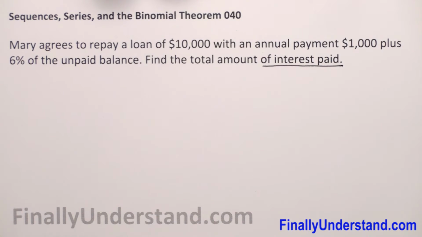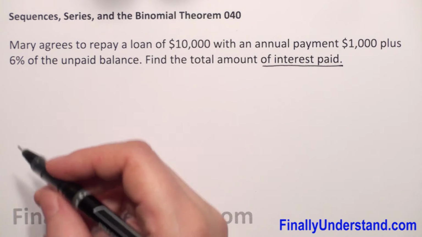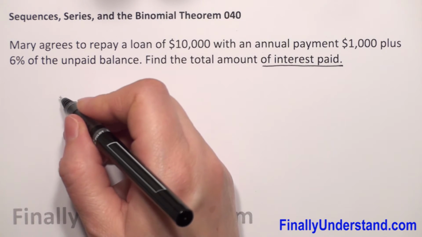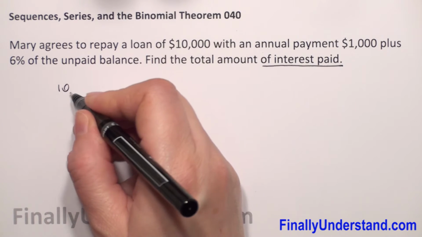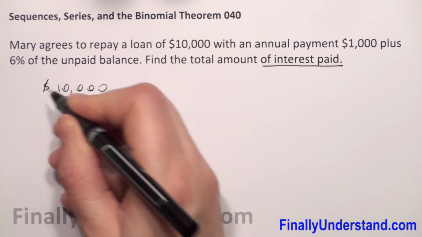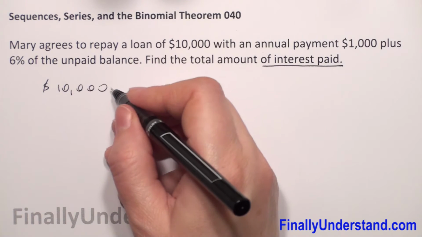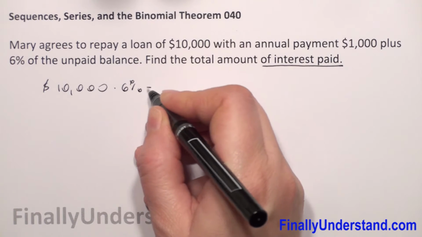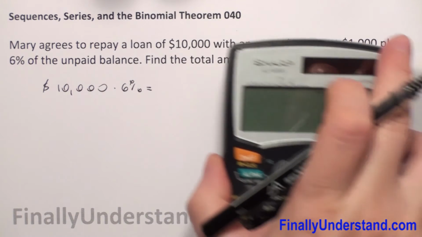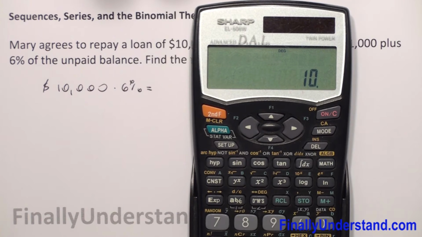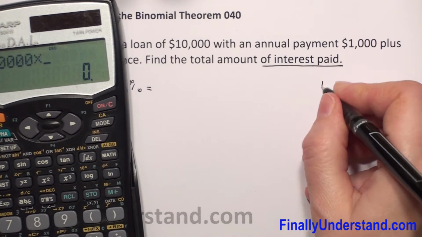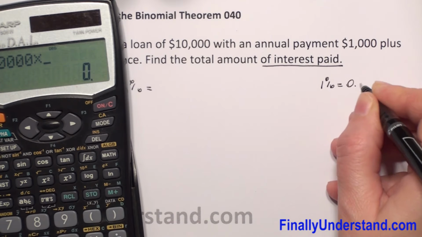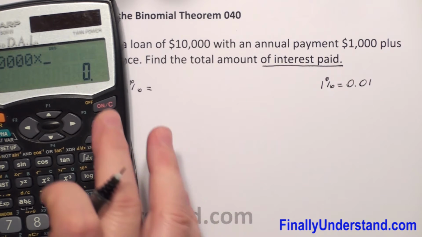So first, let's see what we will have here. First, when we have to pay 6% of $10,000, what will be? $10,000 times 6%, what will be? You can use calculator. $10,000 times 6%, we know that 1% is 0.01 when we change to decimal number.